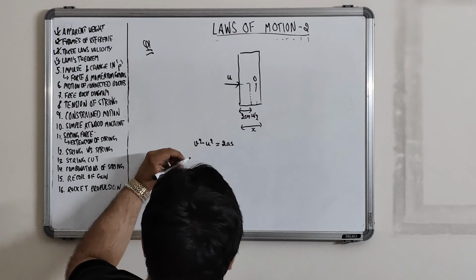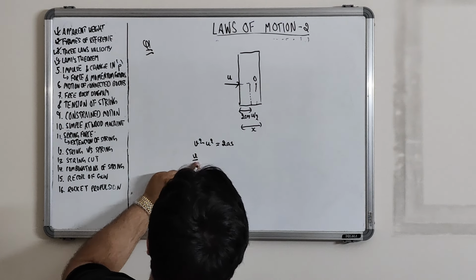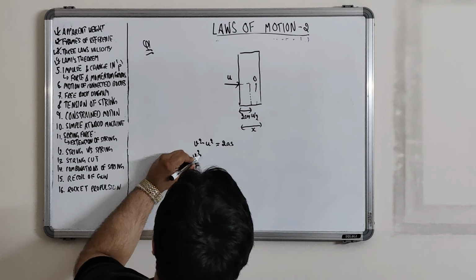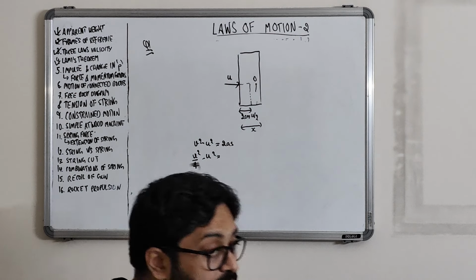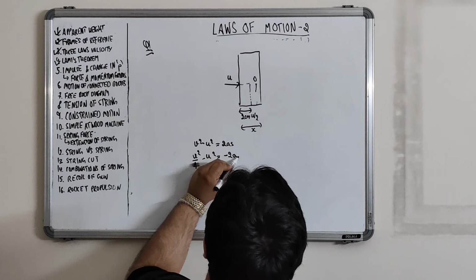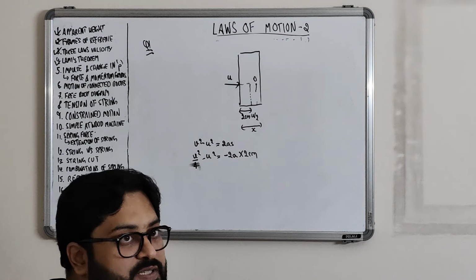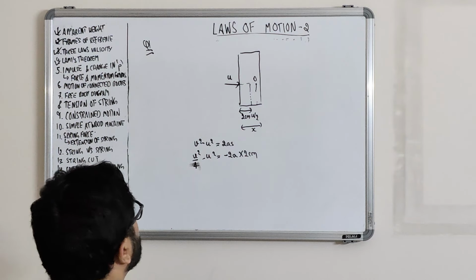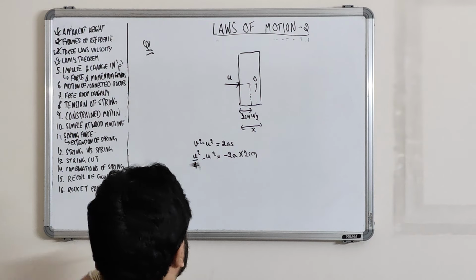So v is u by 2, so it becomes u square by 4. Minus u square is equal to, acceleration is negative because it's reducing the velocity, so minus 2a, and s is 2 centimeters, so acceleration will come in centimeter by something. We want to calculate the distance anyway, so that's all right.